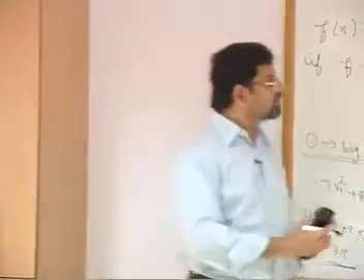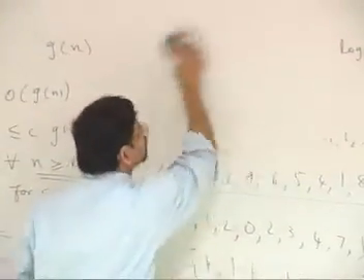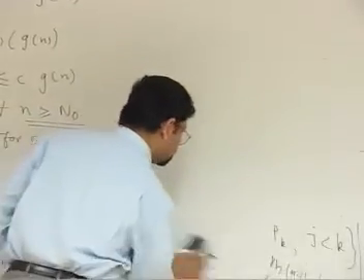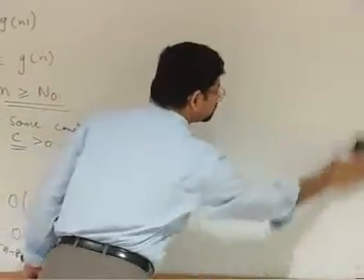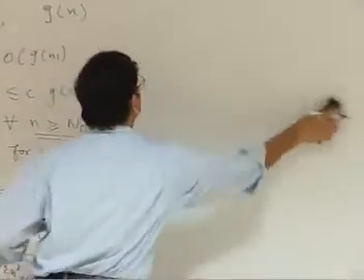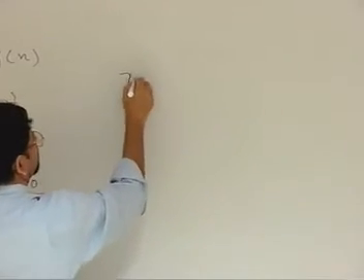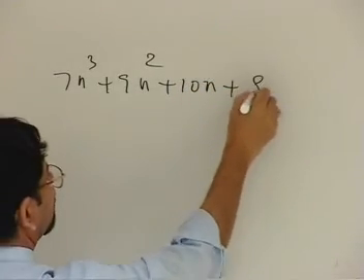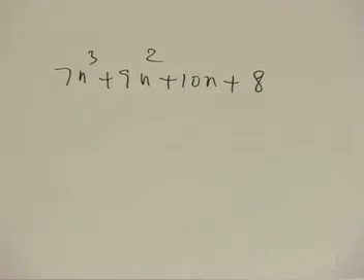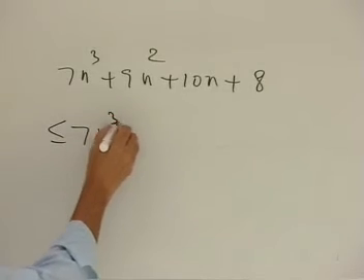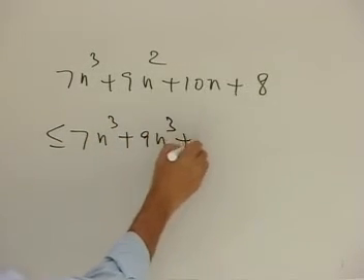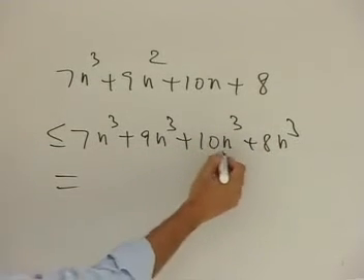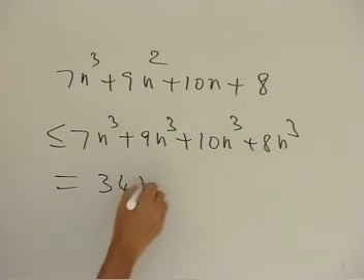Well, first look at the following interesting observation. I can write for any polynomial, if I have, let us say, 7n cube plus 9n square plus 10n plus 8, this I can write as less than or equal to 7n cube plus 9n cube plus 10n cube plus 8n cube, which is equal to 34n cube.